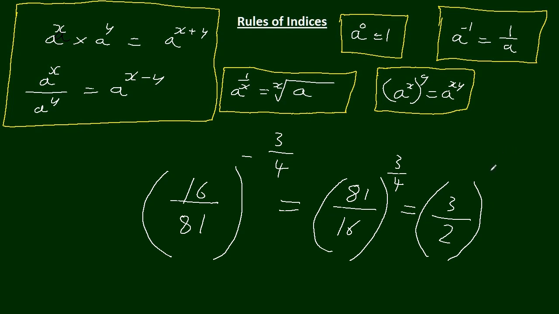And that leaves it, and then we've just got to cube it. So we've got rid of this 4th root, now we've got to cube it. The cube of 3 is 27. The cube of 2 is 8. And we can leave it that. We could make it a mixed number. 8's into 27, 3, and 3/8 left over.